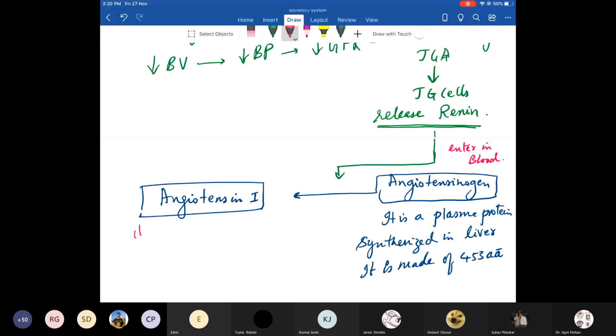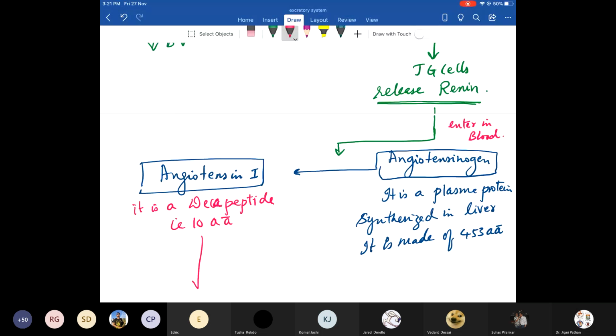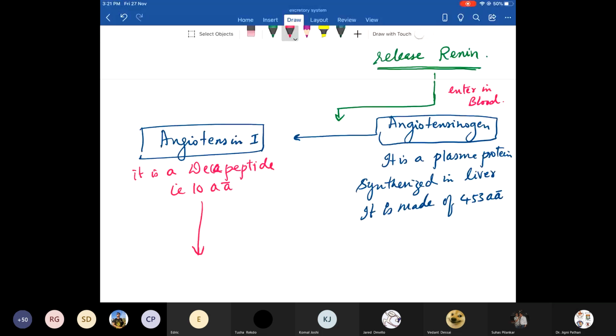Then angiotensin 1 is a decapeptide, that is a 10 amino acid structure. This angiotensin 1 gets converted to form angiotensin 2. Angiotensin 2 is a hormone of 8 amino acids.